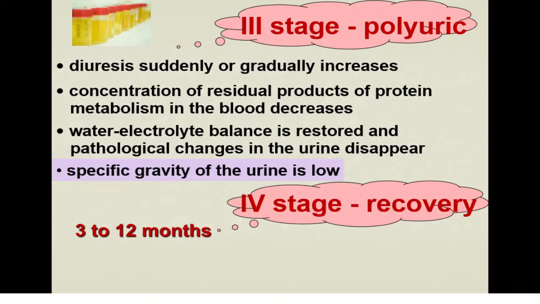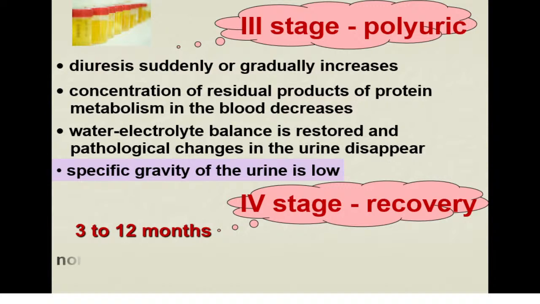And which may come back to normal from 3 to 12 months from the beginning of the disease. For this purpose, we will include a fourth recovery stage, during which the patient urinates normally with no significant problem, but analysis of urine reveals its low specific gravity.